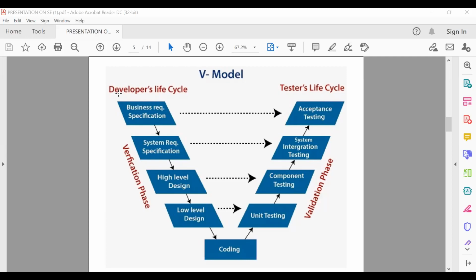Sir, acceptance testing is a method of software testing where a system is tested for acceptability. Okay. Next, what is system integration?